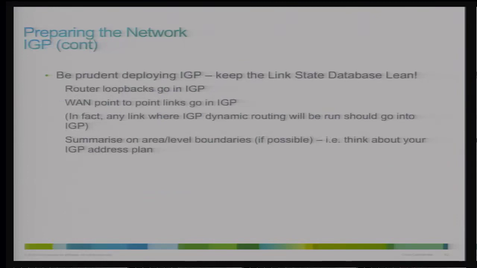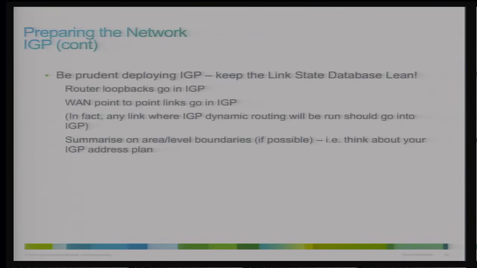It's very important to keep the link state database lean, and there are multiple techniques to do that. One way is, for example, if you have multiple links between routers, convert them into link aggregation bundles instead of having multiple layer 3 interfaces.